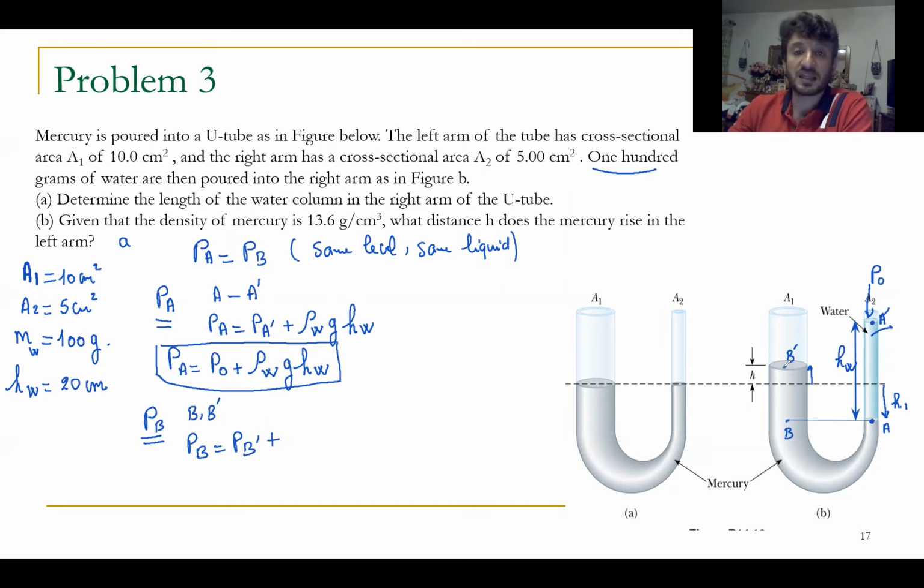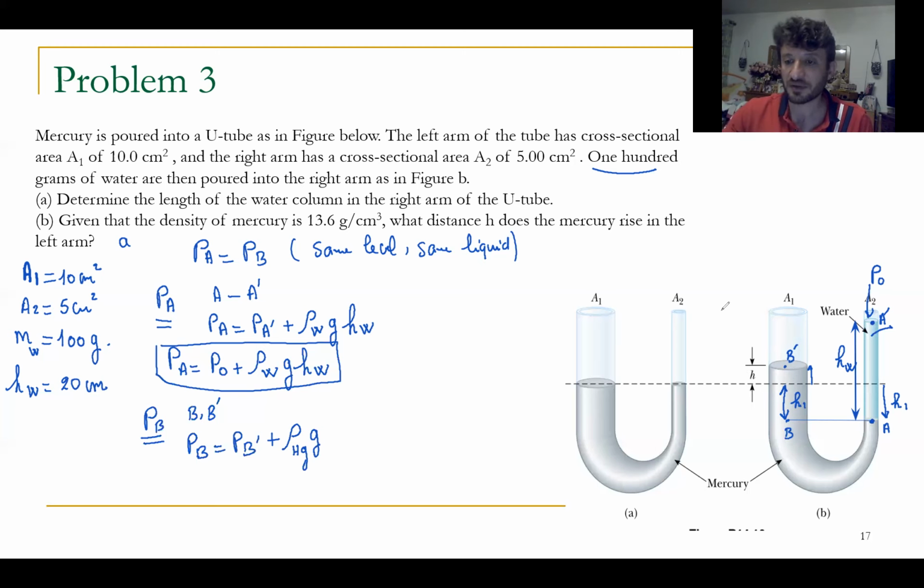Between B and B prime we have mercury, so we have rho of mercury times G times the distance between B and B prime, equals H plus H1. Here we have H1, the same H1 here and here.